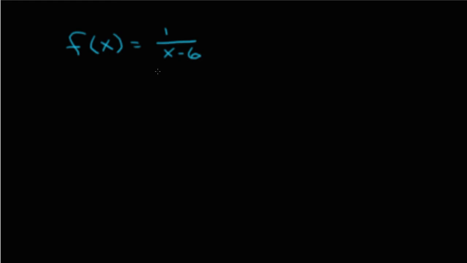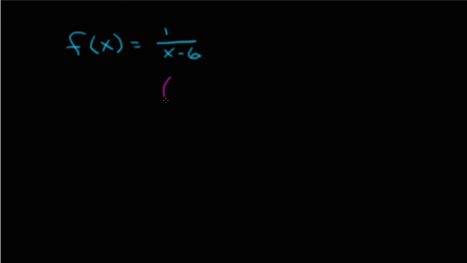All right, so just like we did in the earlier video, x cannot be equal to 6 because then we'd get an indeterminate number. Here we'd have a 0 in the denominator, and we can't have that. So x can't be 6. It could be anything else, but it can't be 6.